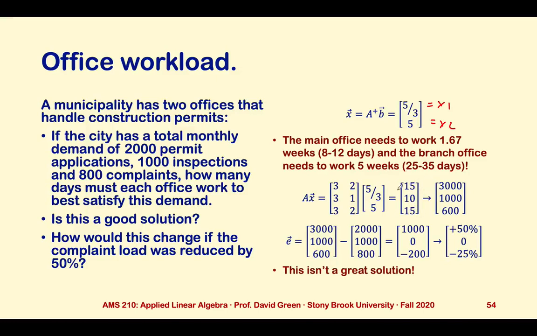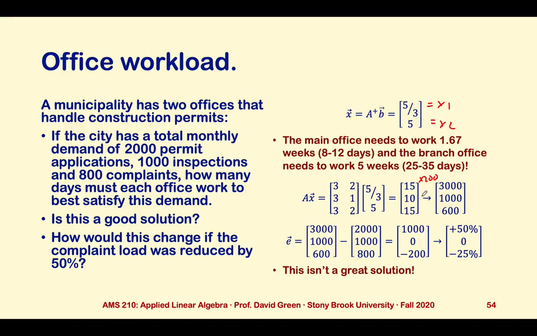Here we remember that in our original problem setup, we scaled these. We scaled the first row by 20, so multiplying that by 20 by 200 gives us 3,000.